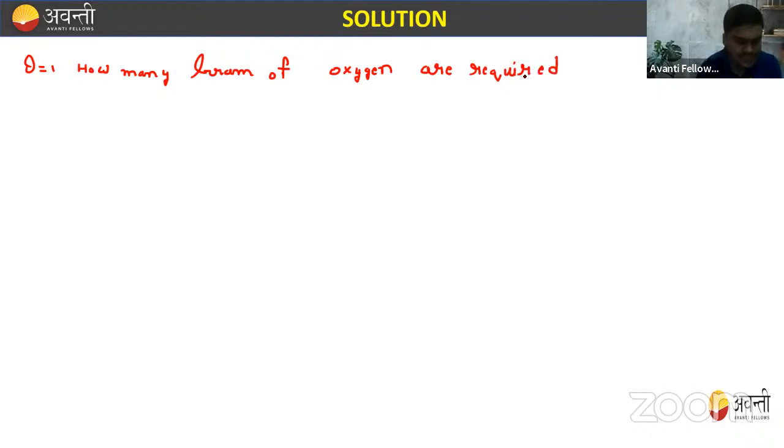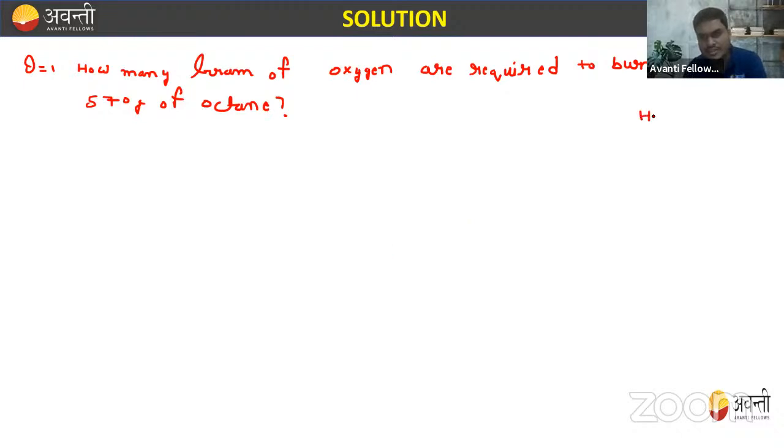How many gram of oxygen are required to burn 570 gram of octane? So this is the homework question for you all. Try to solve this question, or if you solve it right now, tell me quickly. How many gram of oxygen are required to burn 570 gram of octane?